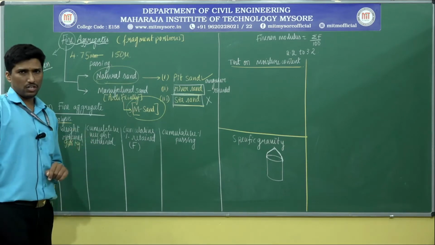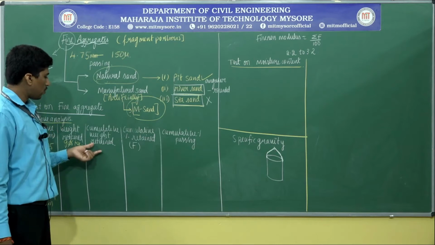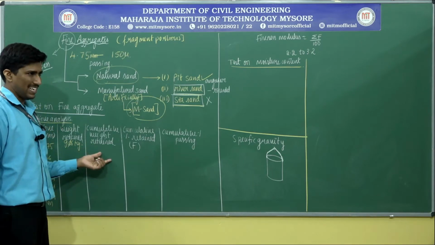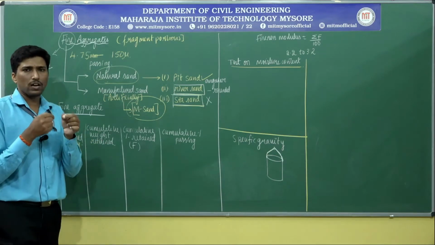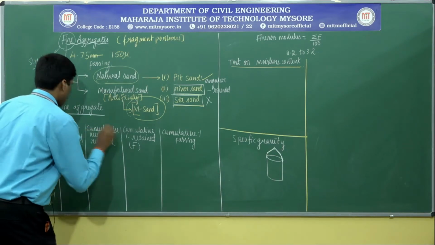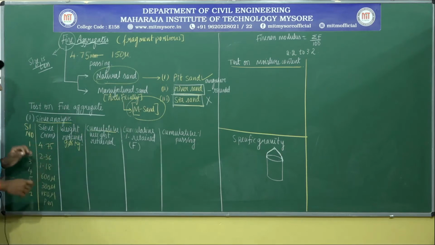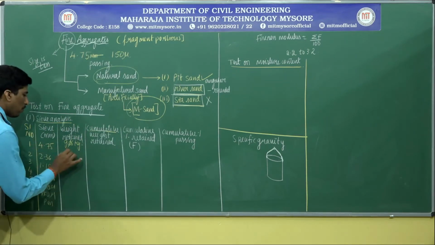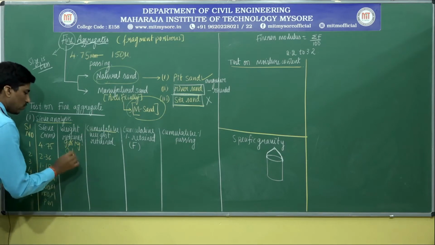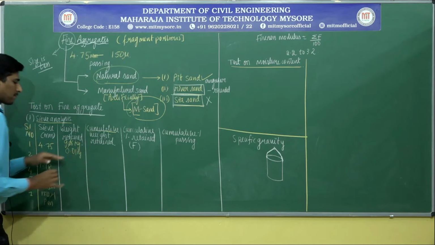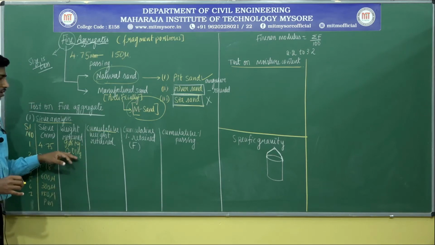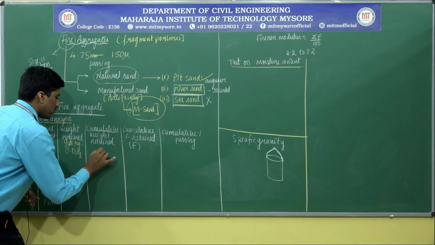Out of 1 kg, how much weight has been retained? That we call cumulative, meaning adding up one after another. For example, in a 4.75 mm sieve, say 0.01 kilogram is retained. The cumulative weight is 0.01 itself.